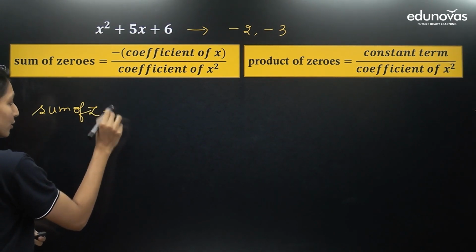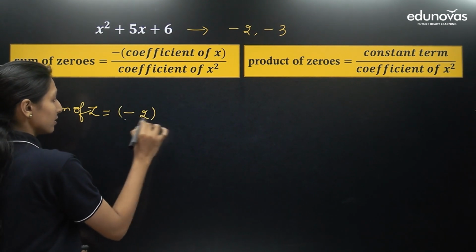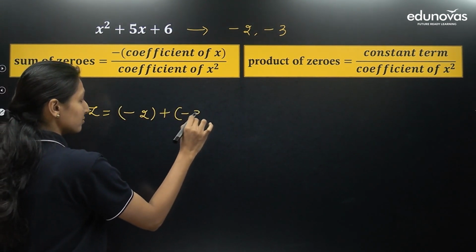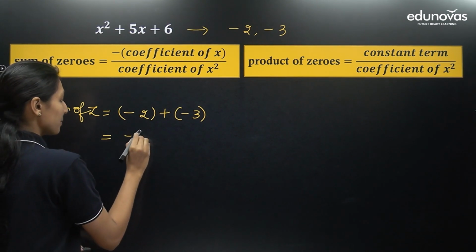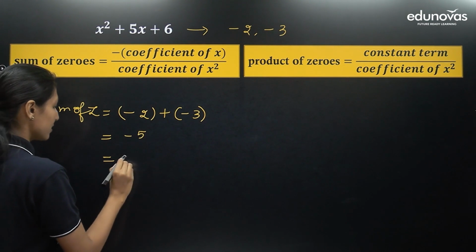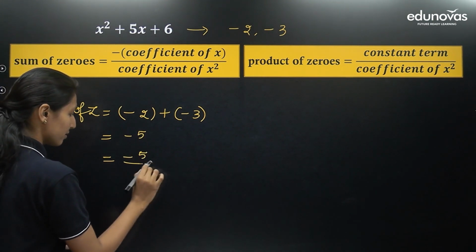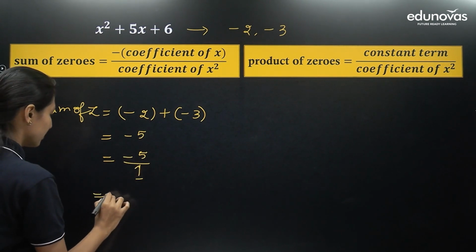Sum of zeros. The zeros are -2 and -3. What is their sum? It is -5. This -5 can be written as -5 by 1, right? And what is 5?